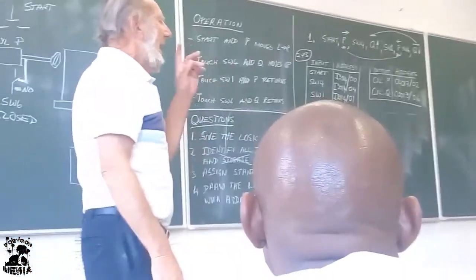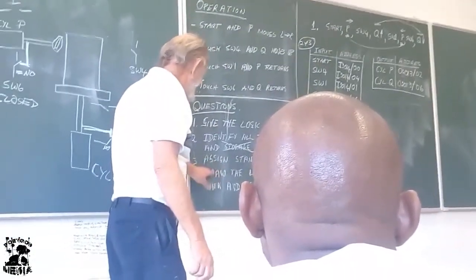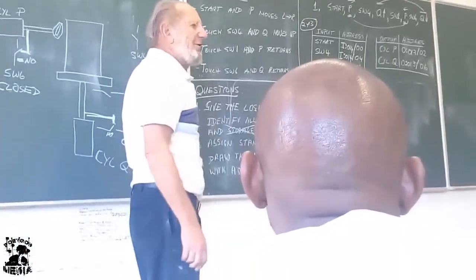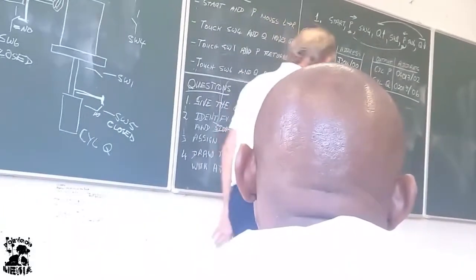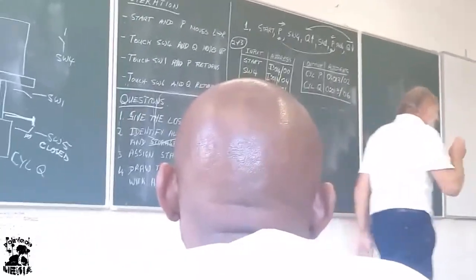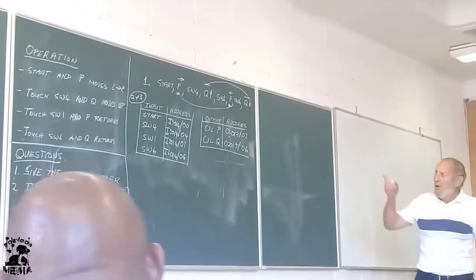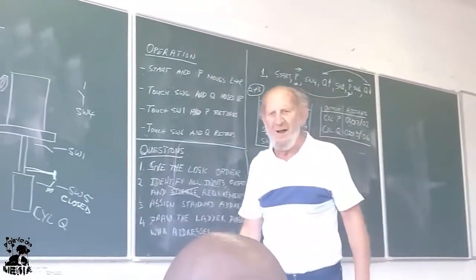Okay. Now we must do question 4. Draw the ladder diagram first and then put the correct addresses on that ladder diagram. The ladder diagram. How are you going to determine the ladder diagram? We look again at the answer of 1.